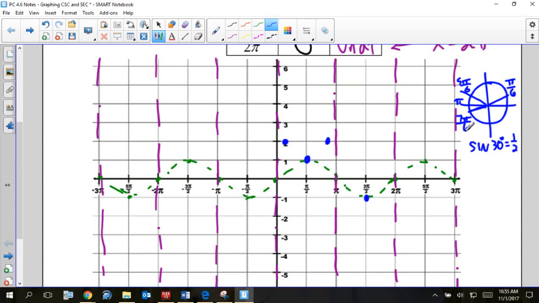Negative a half. So sine's negative a half about here. That means that cosecant is negative 2 there. And then all the way almost to 2 pi at 11 pi over 6, sine is negative a half. So cosecant would be negative 2.